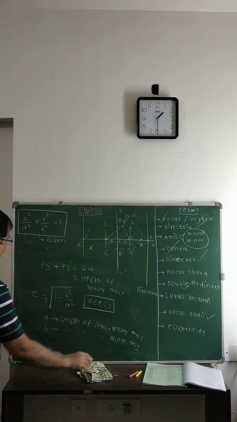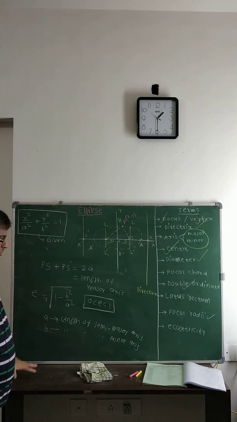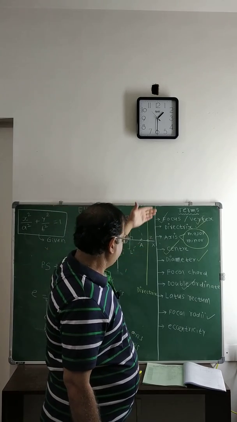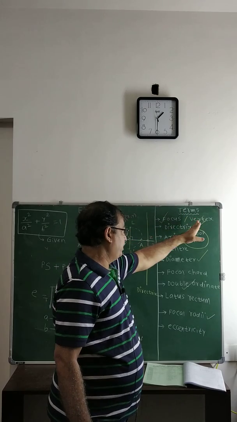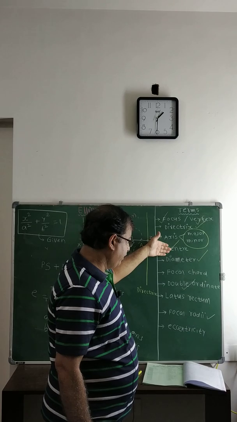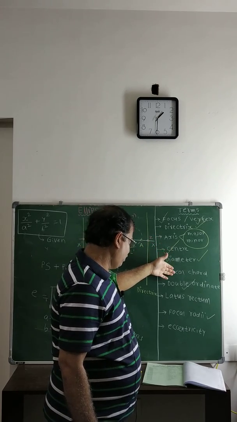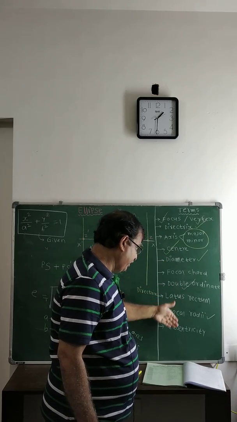Ultimately, what we are supposed to do, if anybody is given some standard equation, x square by a square plus y square by b square is equal to 1, where a and b are positive constants and I am assuming a is greater than b. In that particular situation, we are supposed to calculate so much information, like what is the focus, the vertex, the center, directrix, axis, diameter, chord, focal chord, latus rectum, double ordinate, focal radii, and eccentricity.